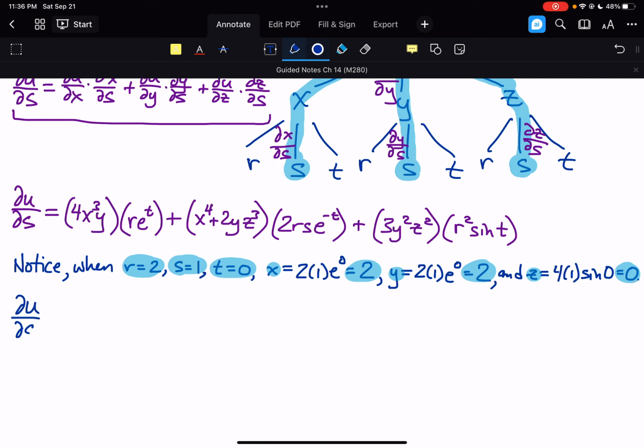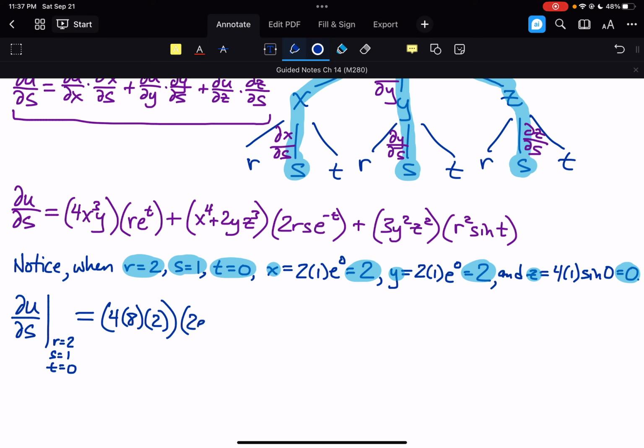So partial u with respect to s evaluated at r is 2, s is 1, t is 0 equals, let's see. Anything with a t is going to be a 0. Anything with a z is going to be a 0. So that's going to help us here. Not for this one, though. So that's going to be 4 times 2 cubed is 8. y is 2.